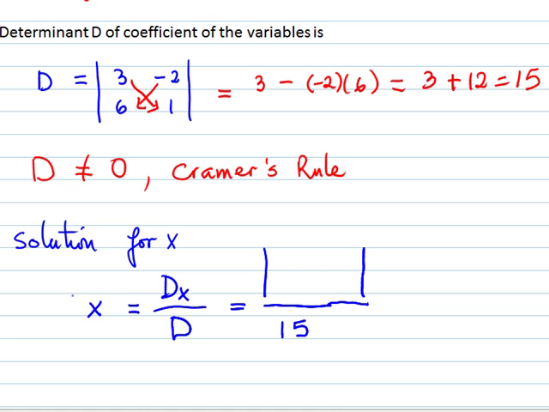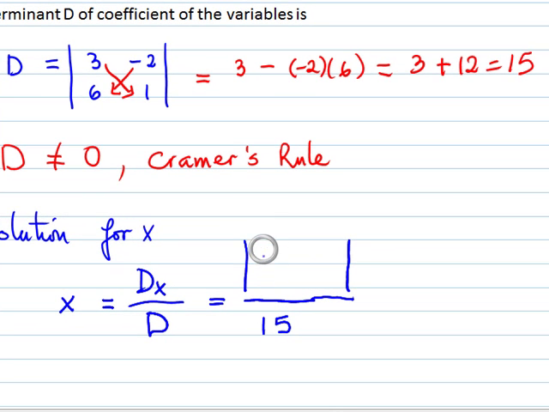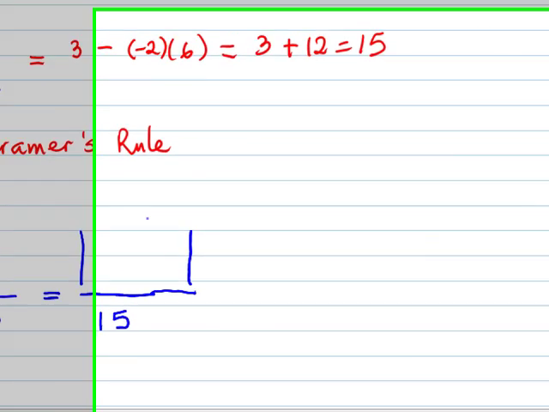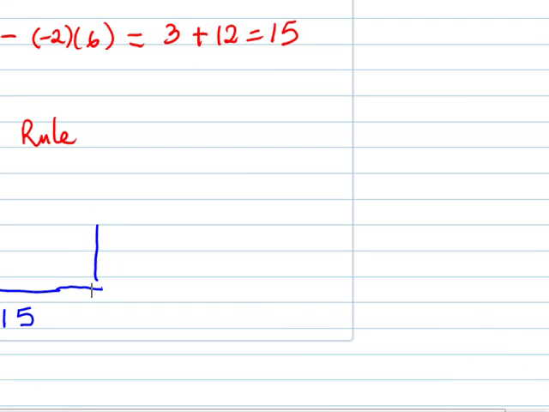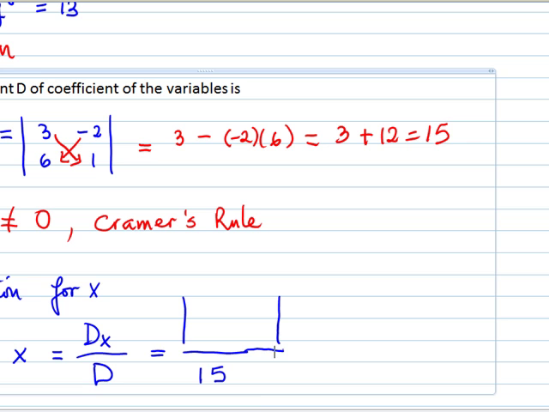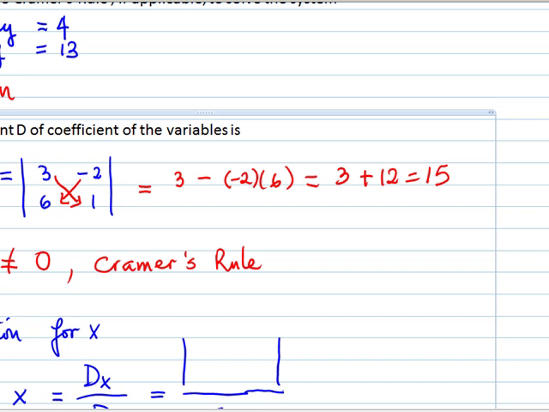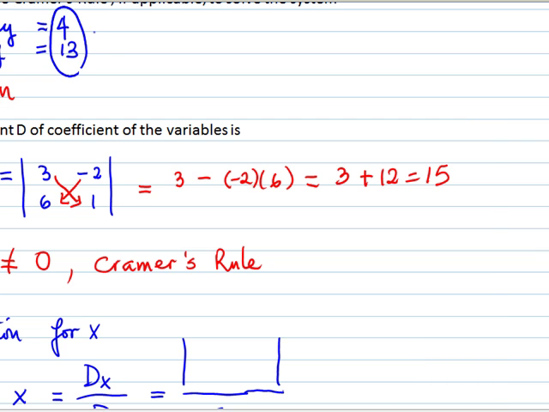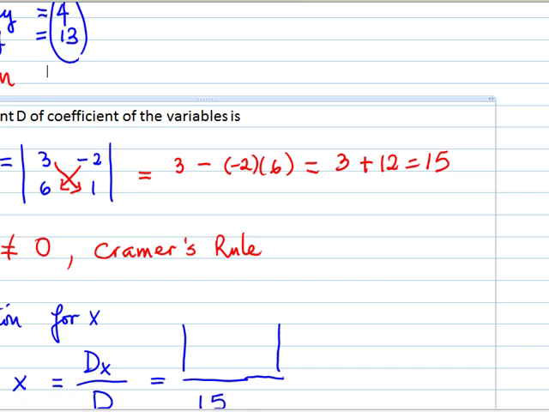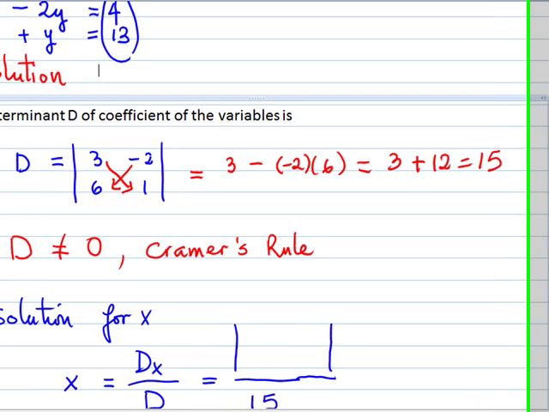Okay, you want to solve for x, this column here, we sort of omit it. So to replace this column, you have to use this constant here, which is 4, the constant on the right hand side of the equation.